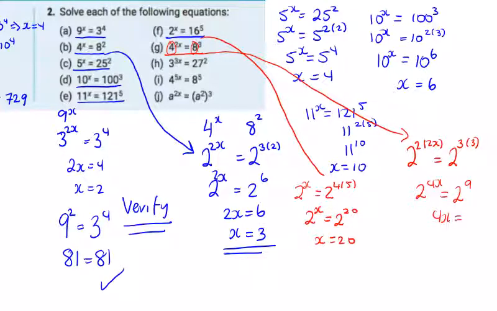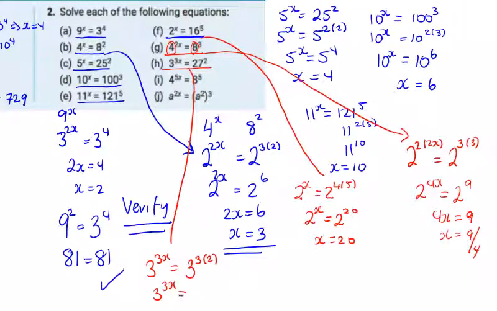So just use your algebra skills. 4x equals 9, x equals 9 over 4. Now 3 to the power of 3x is equal to 27 to the power of 2. 27 is 3 to the power of 3, and the 2 stays there. So we're going to get 3 to the power of 3x is equal to 3 to the power of 6. 3x equals 6, x equals 2.